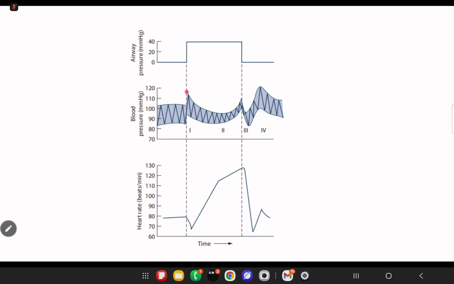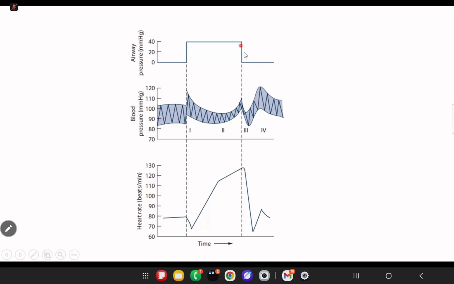Reducing venous return will cause your blood pressure to drop. The drop in pressure will cause compensatory activity, which will result in narrowing of your pulse pressure. But because of other compensation, it will start slowly increasing. It will not come back to the same level at which it started, but it will try to come back somewhere.